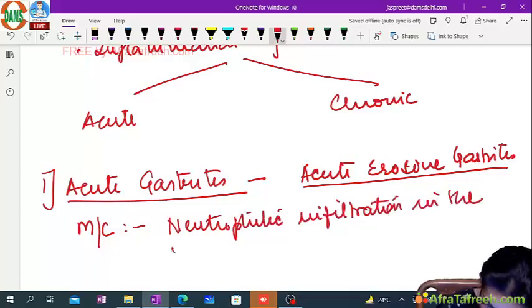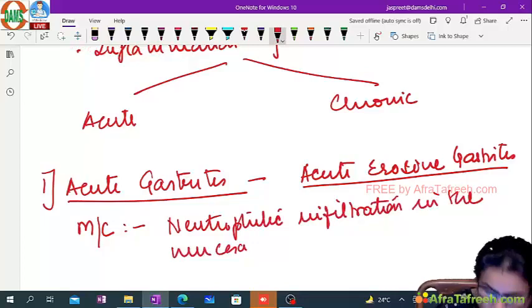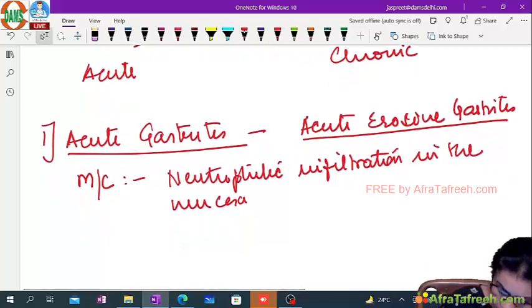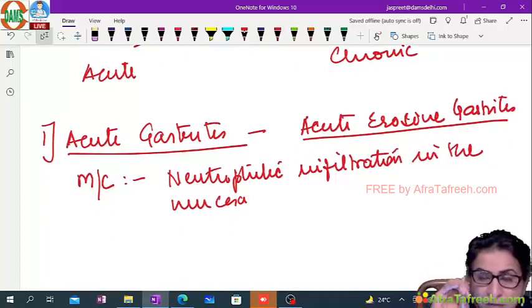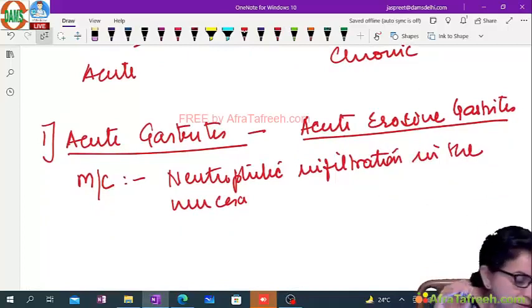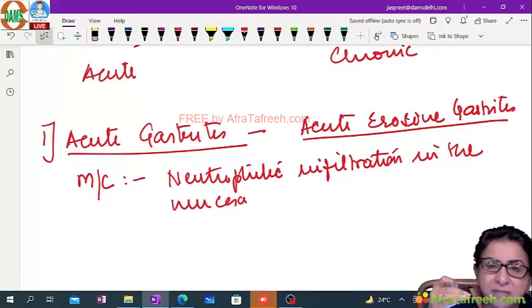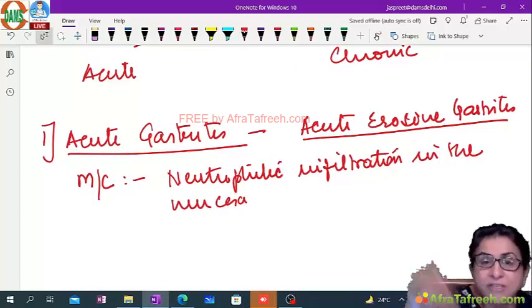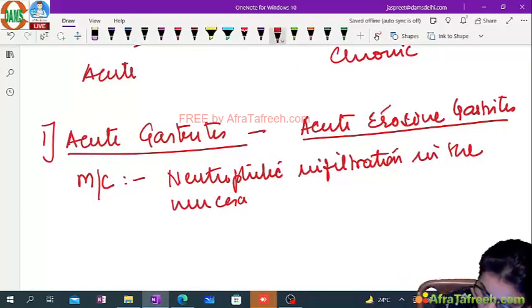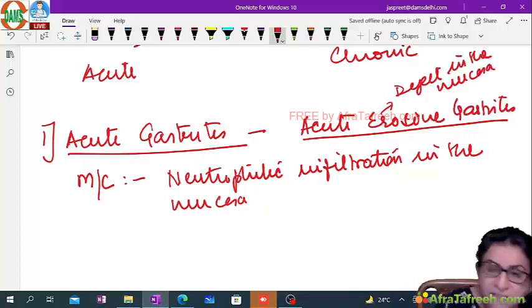In the mucosa of the stomach, lots of neutrophils will be sitting. And there is erosion. Erosion is like an ulcer, little short of an ulcer. It is a defect in the mucosa. What is erosion? Erosion means defect in the mucosa.